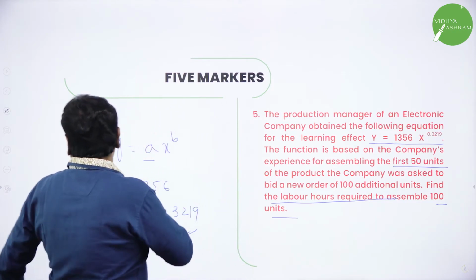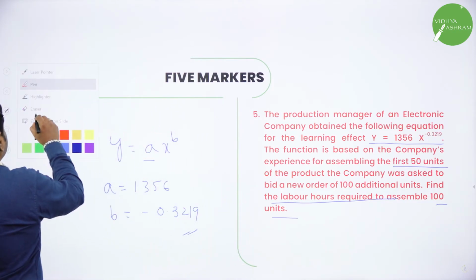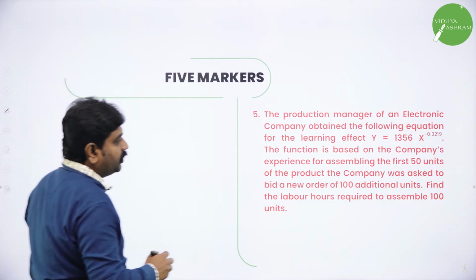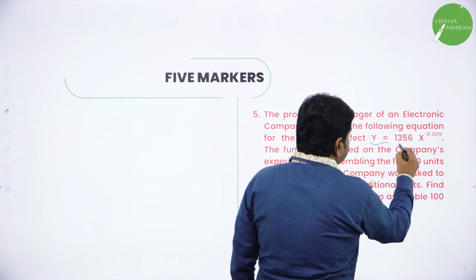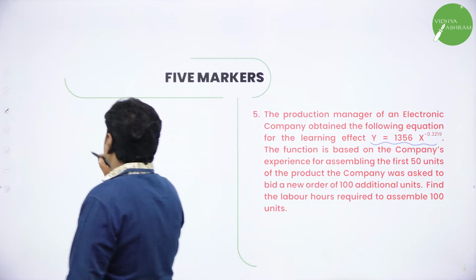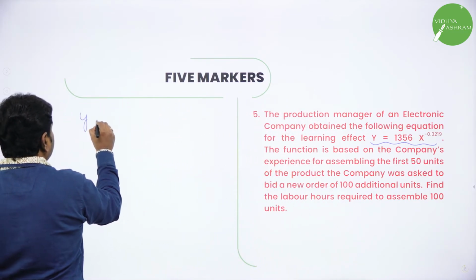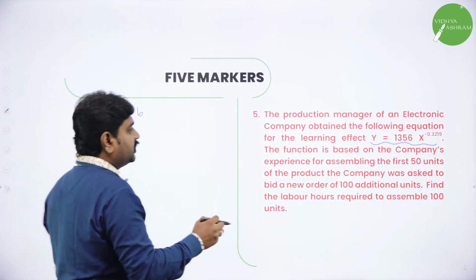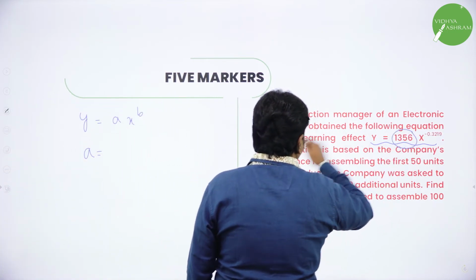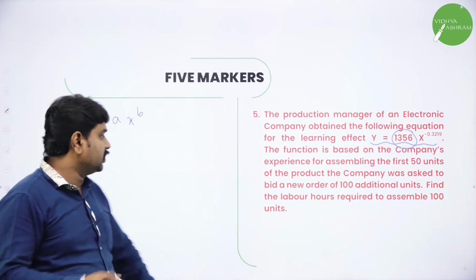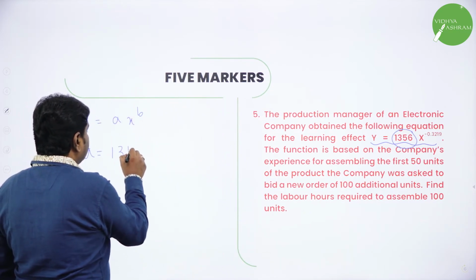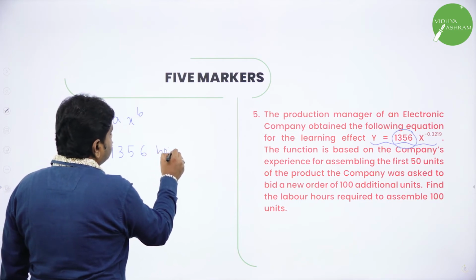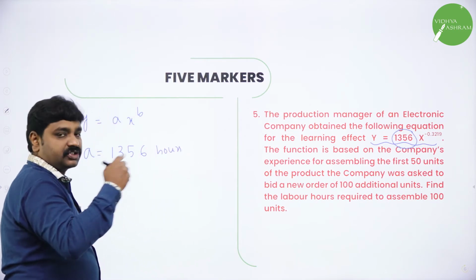So now analyzing this problem is interesting. When you read this equation, you can see it is in the form of y is equal to a x power b. In the place of a, what do we have? In the place of a we have 1356. So 1356 hours is the time for first lot or first unit.